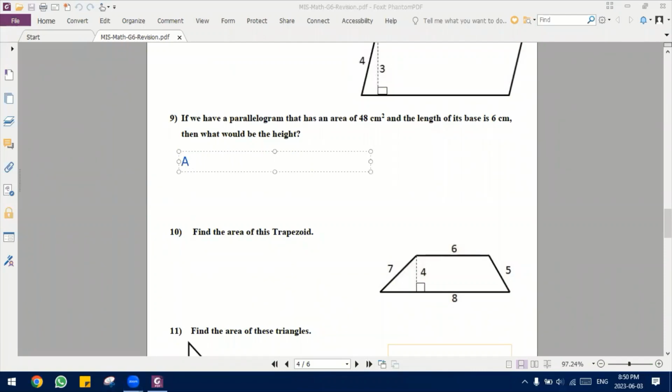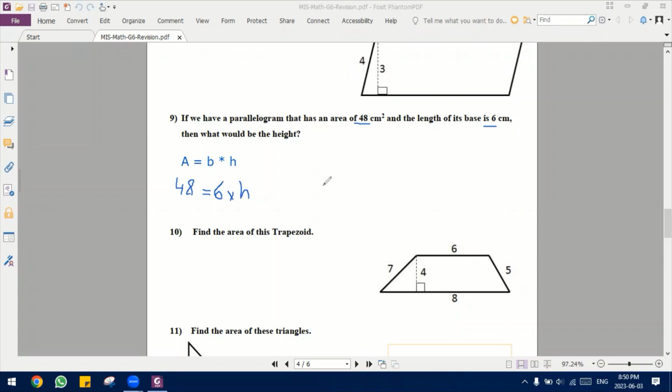Base times height. Okay, first of all, we write the formula. Now we substitute the values that are given. The area is given, so instead of A, I write 48. The base is given, 6. Okay, now we define the problem. Here they are asking me for the height. We don't know the height.